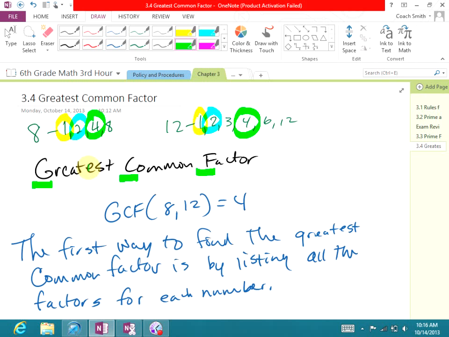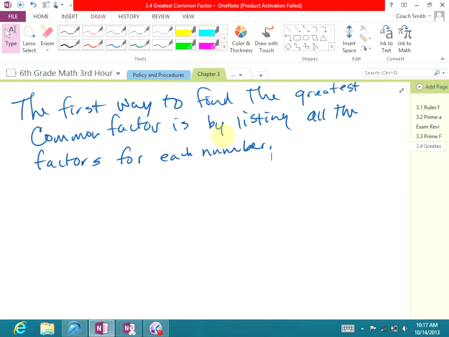For example, they're going to give you some larger ones as well. Let's say I had 49 and 56.